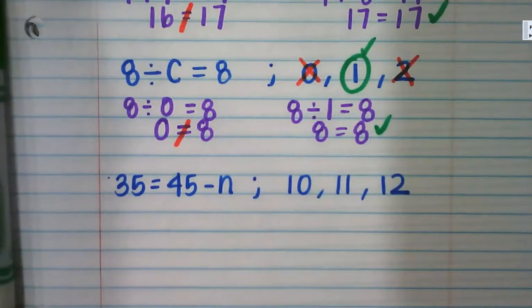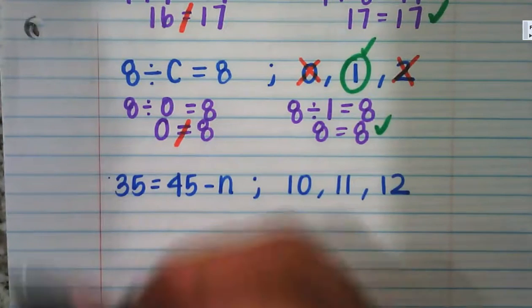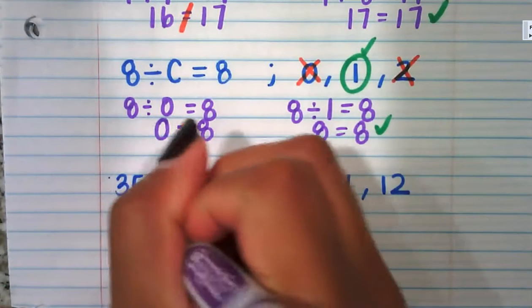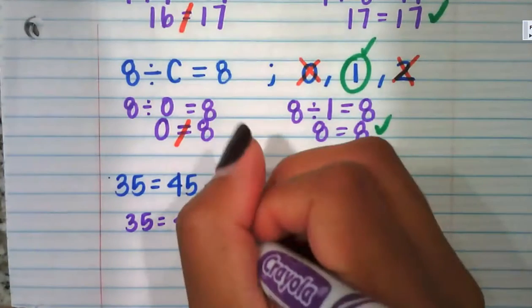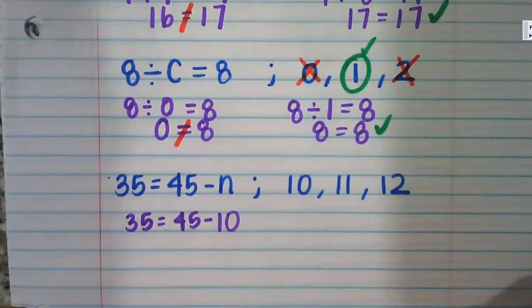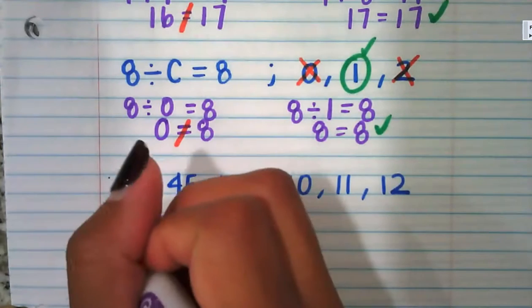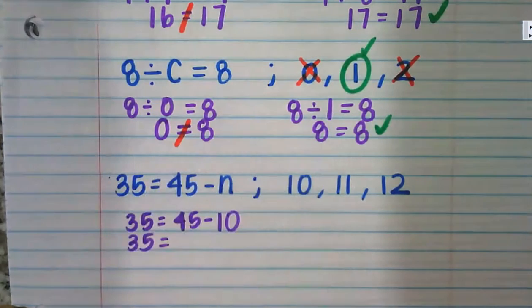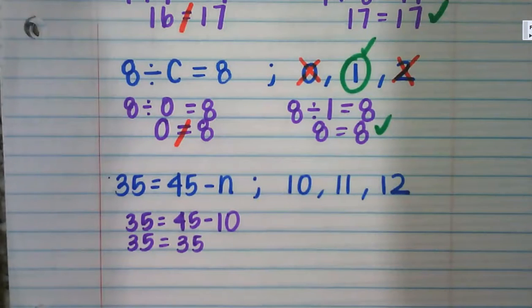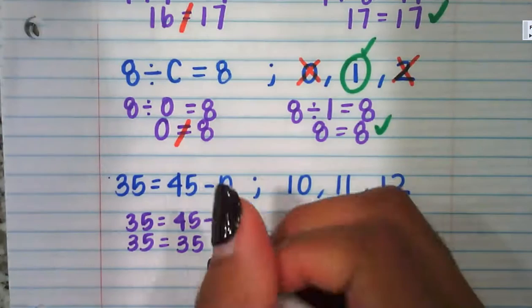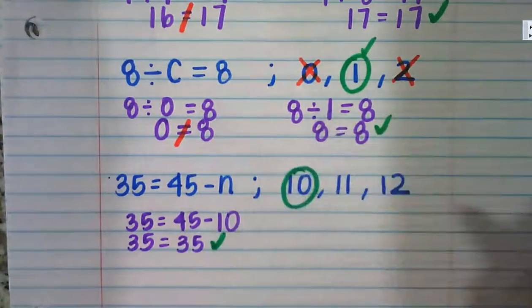So let's plug it on in. 35 is equal to 45 minus the first solution, 10. 35 equals, what's 45 minus 10? 35. So our first value has worked out to be our solution.